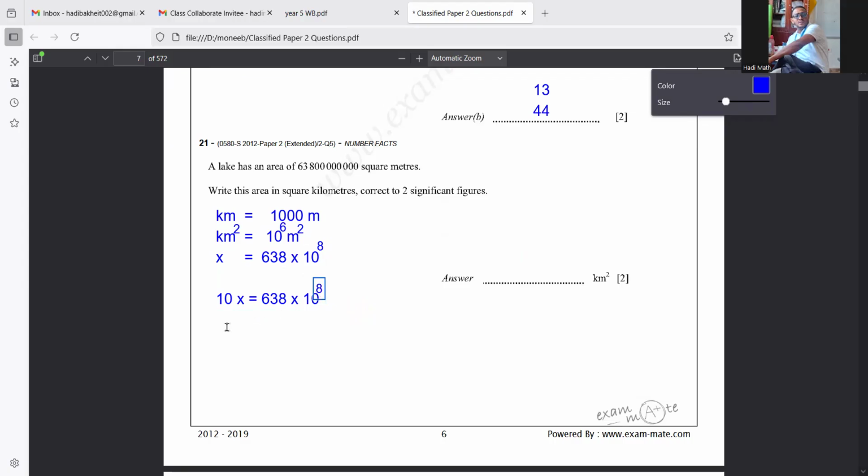So to find the value of x, x equals 638 multiply 10 to the power 8 over 10 to the power 6, because you divide both sides by 10 to the power 6.